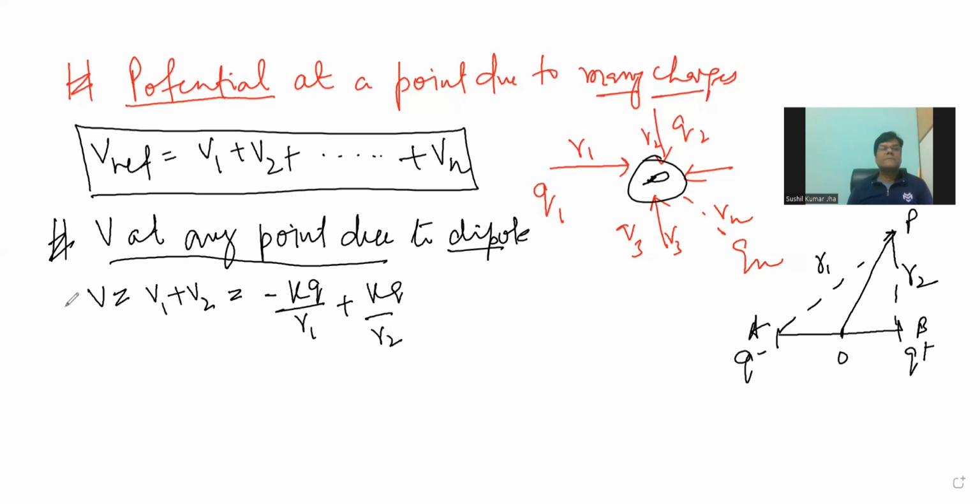Now we need to consider the length of the dipole. How we can consider: we produce this, and then we draw a perpendicular, if it is M. Now AP and PM are the same, and if this is angle theta, then this is the base of the triangle, and this is half of the dipole length A, so it becomes A cos theta.